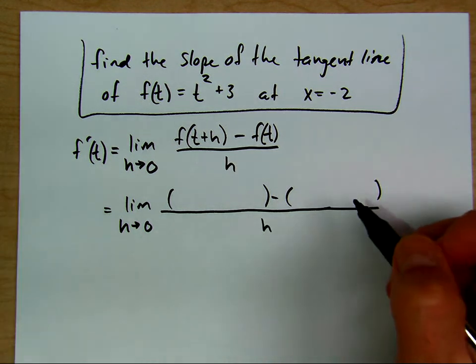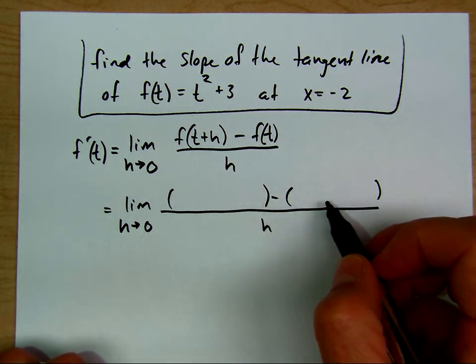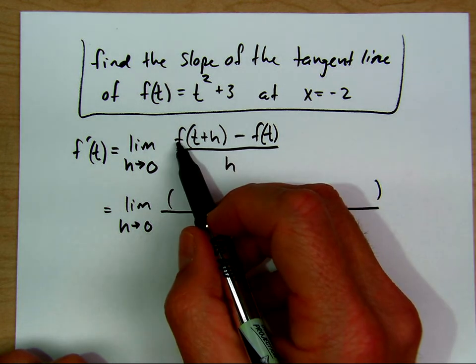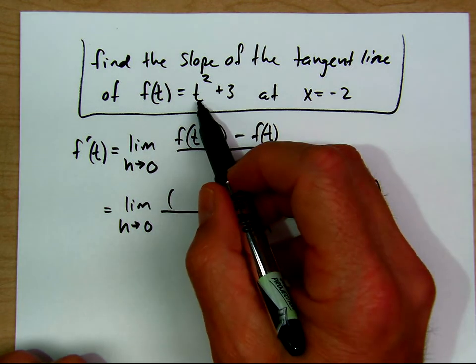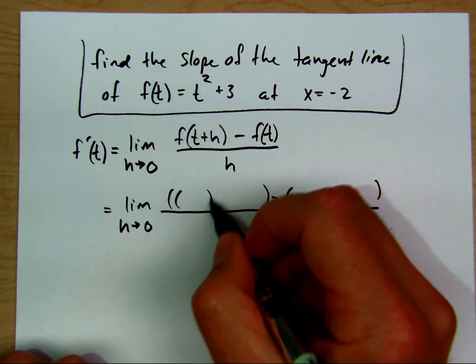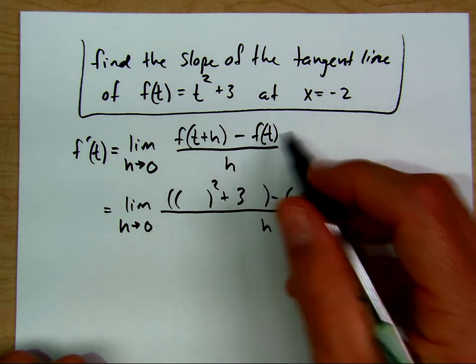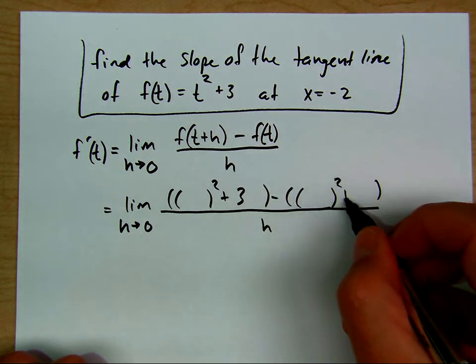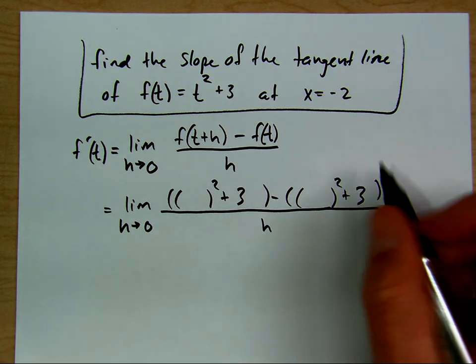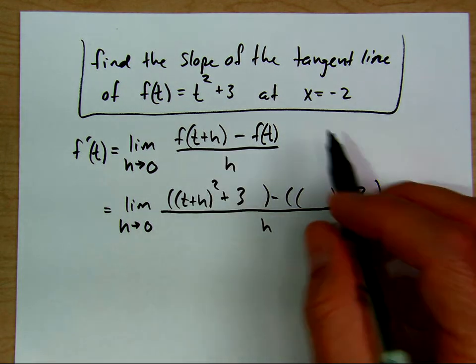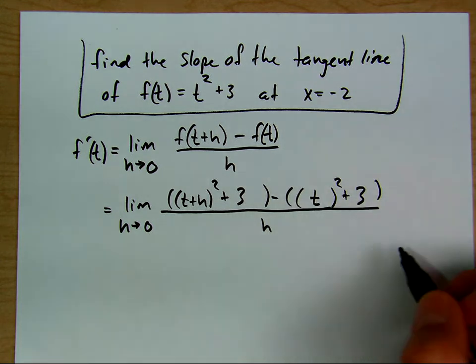So we have two big spaces for the function, and let's have this f be here. That's something squared plus 3. Something squared plus 3. There's another f there, so that's also something squared plus 3. And in this function, the argument is t plus h. In this function, the argument is t.